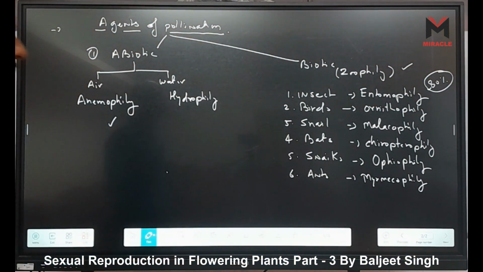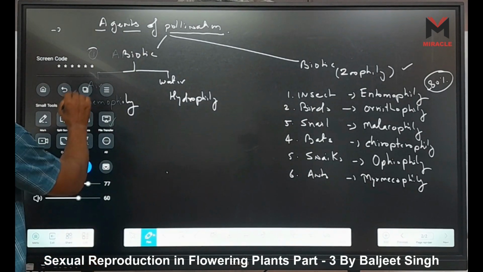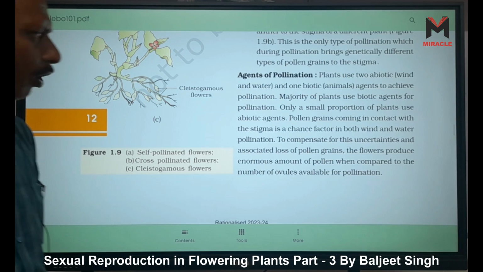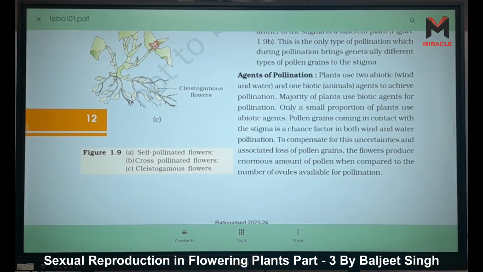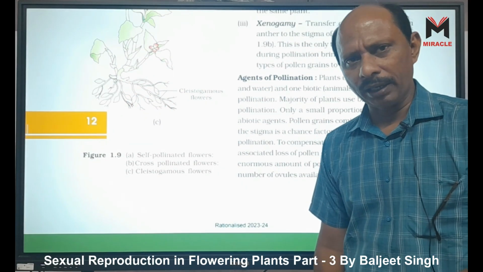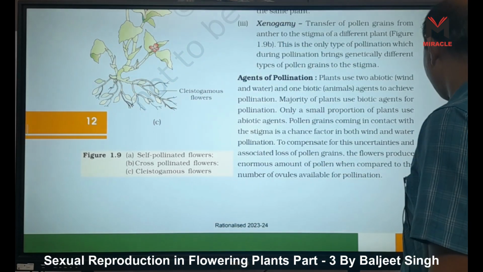Okay, what is given in our NCERT? We will discuss it. Now look here, agents of pollination. Plants use two abiotic agents. Which ones? Either wind, meaning air, or water, right? Mostly air is present.